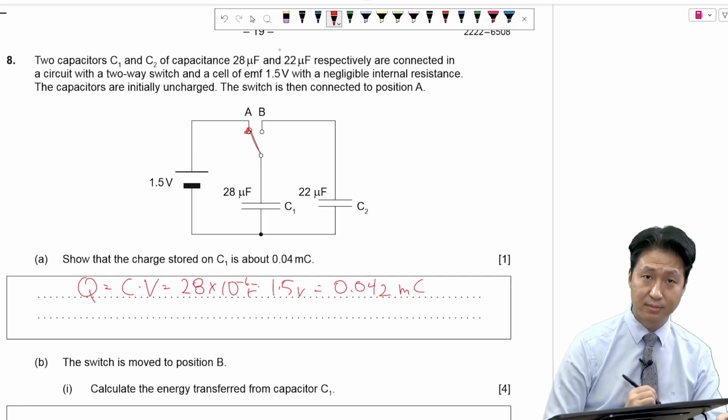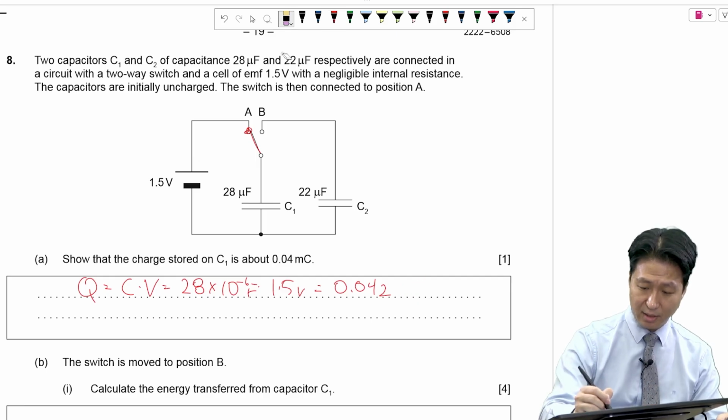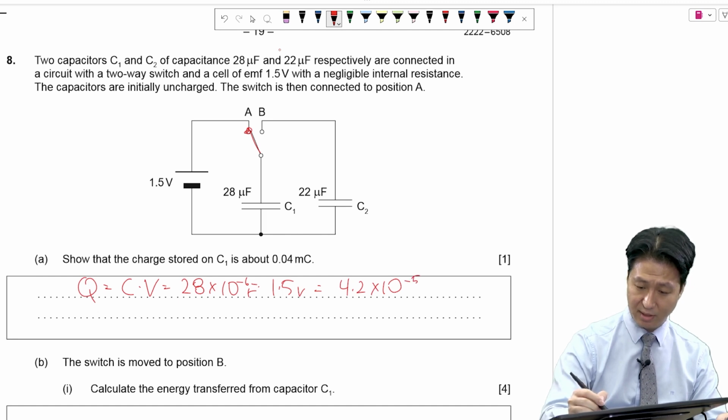Actually, what you would actually get is 4.2 times 10 to the negative 5 coulombs, which is 0.042 millicoulombs.